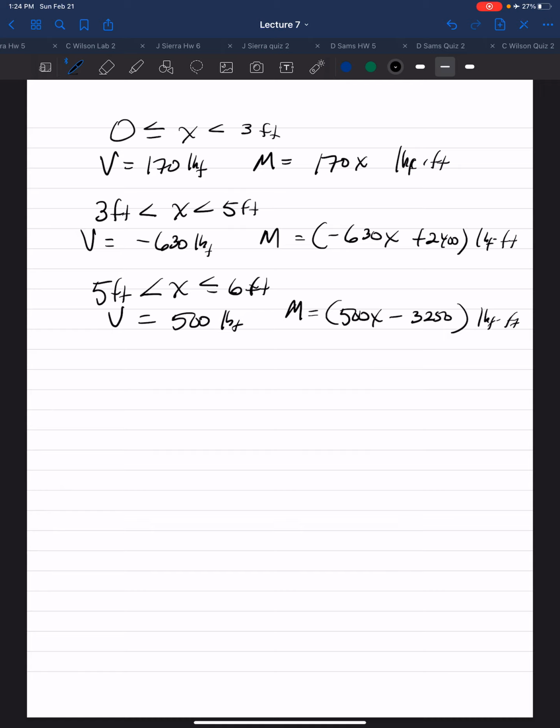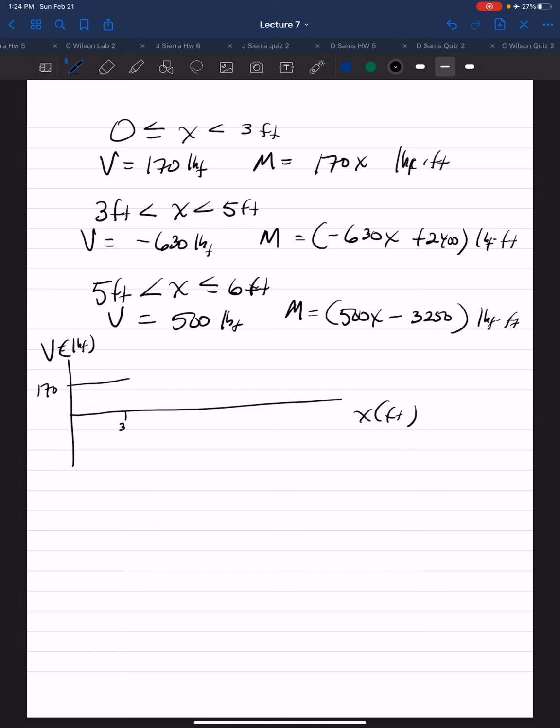So plotting these, x in feet, V is in pound force. This is 170. And this is from 0 to 3.